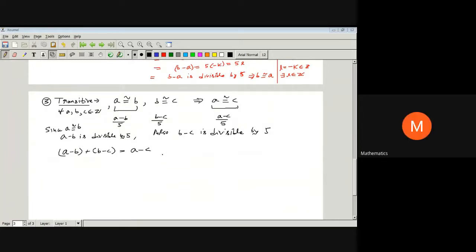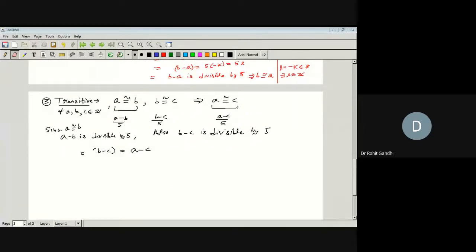Yes, sir. You are in a hurry. You have missed some steps. So try to write the correct proof. Okay. We know that you know how we can prove this. Yes, sir. Yes, we know that.